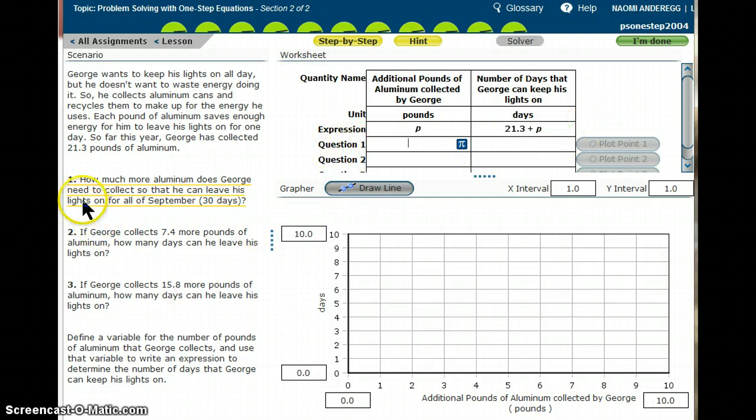Now, the first question says, how much more aluminum does George need to collect so that he can leave his lights on for all of September, 30 days? Here we're given the number of days, but we're not given the number of pounds. So we know that 21.3 plus P has to equal 30.